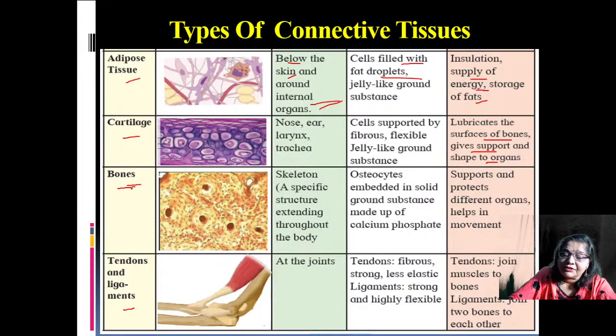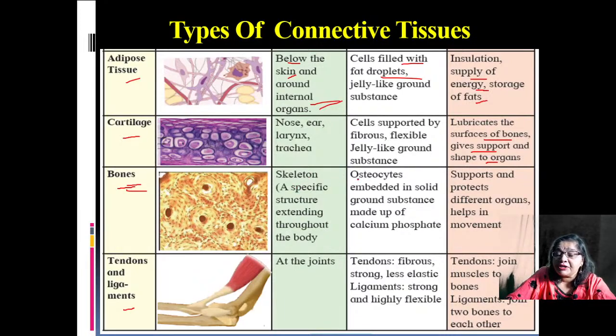The bones, you all know very well about the bones. Bones form the internal skeleton of the animal body. We call it the skeleton, which is a specific structure that extends throughout the body. In certain animals it might be found outside the body, but in human beings and higher animals the skeleton made up of bones is inside the body, an internal skeleton.